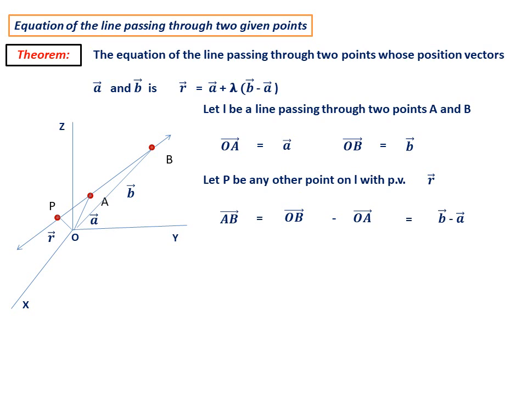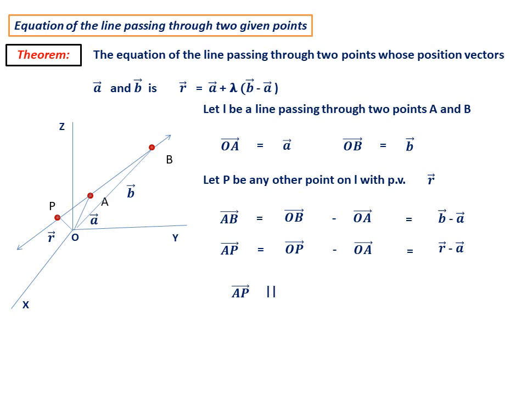By definition, this is a formula, that is vector B minus vector A, that is, position vector of end point minus position vector of initial point.